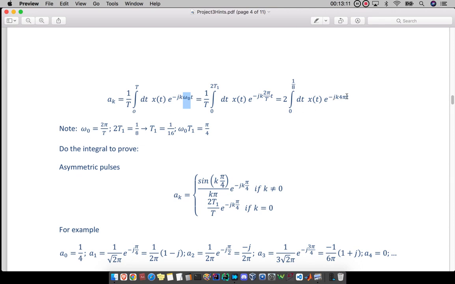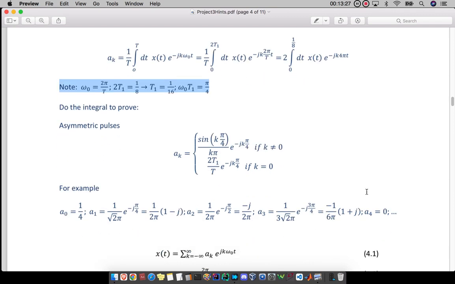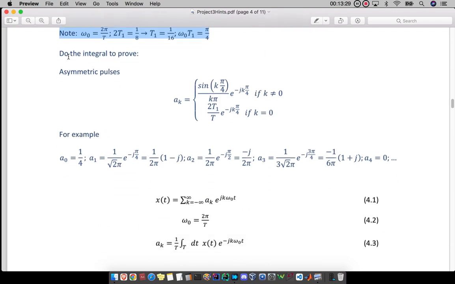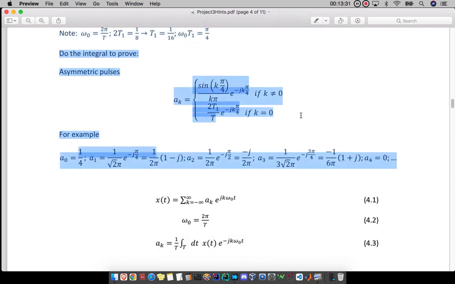You can copy this whole thing down, but again, for omega naught, plug in 2 pi over capital T. Please, please, please. Just like what the note says here. And this is in order to prove the asymmetric pulses, like so.